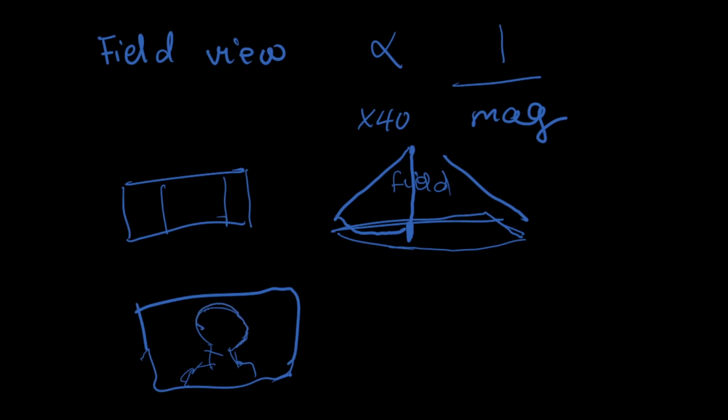Now at higher magnification, we zoom into this picture to take a look at how the person's eye looks. Now we are able to produce a magnified view of the eye. However, we are no longer able to see the entire portrait. This is what field of view entails. So as magnification increases, the field of view decreases.